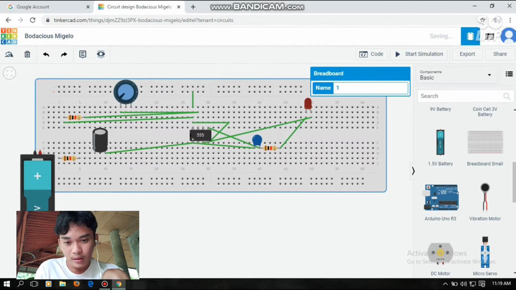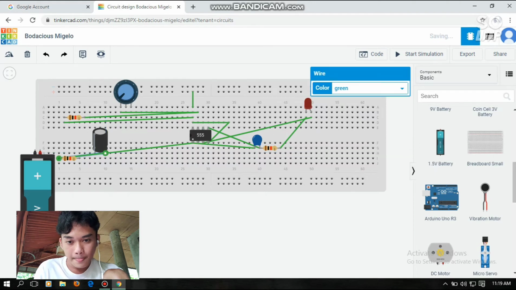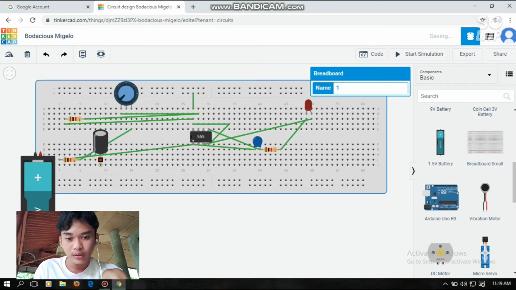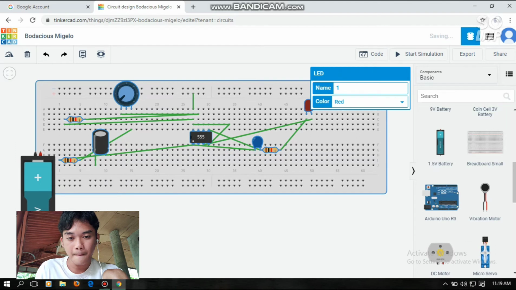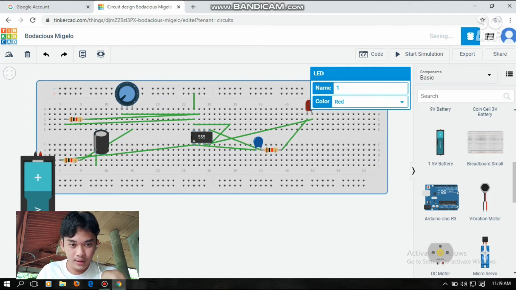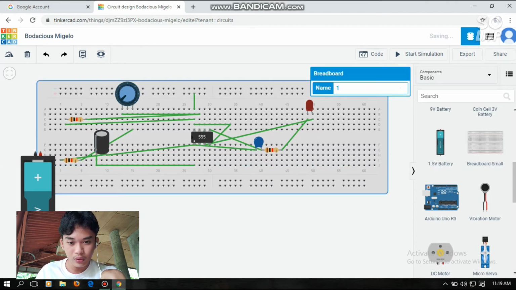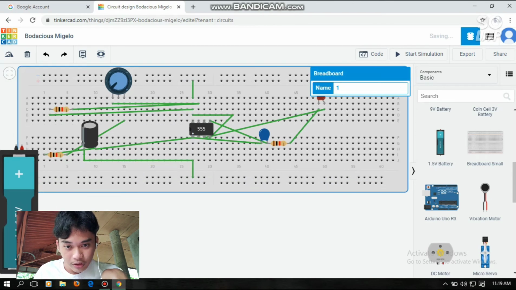In ground, and resistor 3 connected to the capacitor positive, and the terminal 2 of resistor connected to... and then next is capacitor connected to positive charge.